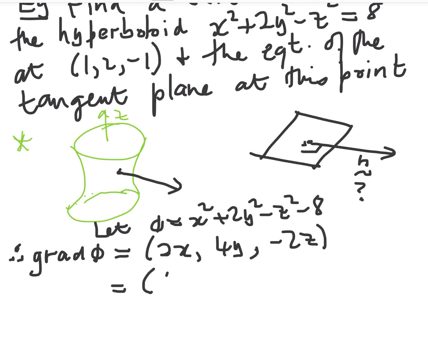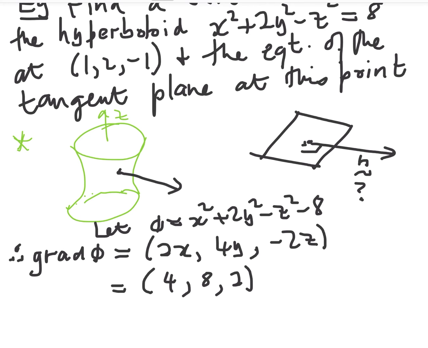So x equals 1, this will be 4. y equals 2, so this will be 8. And z equals minus 1, so this coordinate will be 2. That's at the point 1, 2, minus 1. Now we mentioned that the grad phi serves as a normal to the surface.